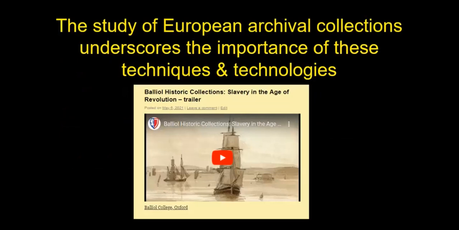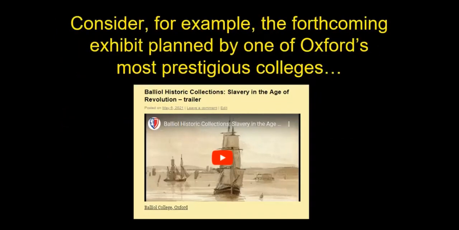It's true not just of these collections of maps, but of all the archival collections in European hands. The Balliol Historic Collections, a college in Oxford, has decided to expose some of these documents to the public in an exhibit next month, September 2021, entitled Slavery in the Age of Revolution.